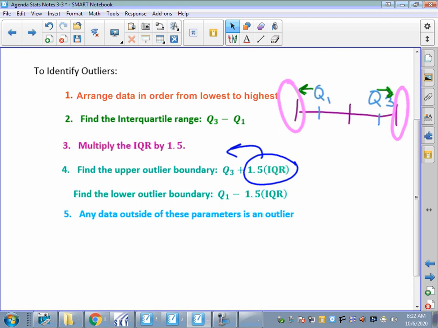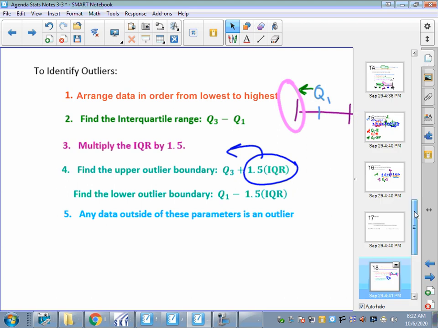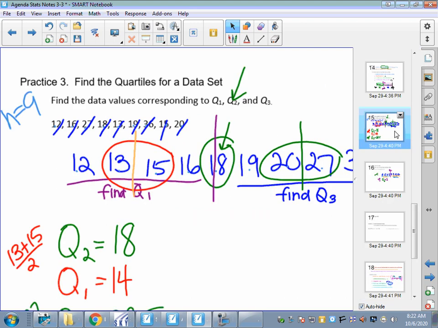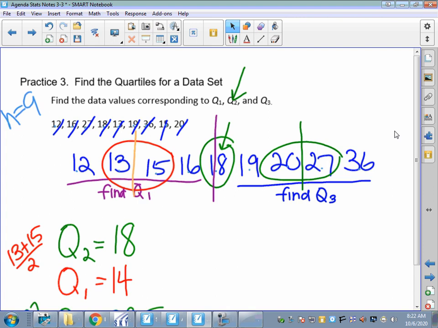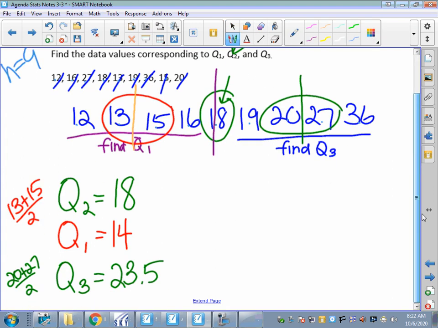So I'm going to go back to that example that we did, the practice 3. We already found the IQR, or we already found the quartiles. So let's go back and finish this. I'm going to need to identify if I've got any outliers in that set of data. So I'm going to jump up here. So we know our Qs, right, down here. So let's find our IQR.